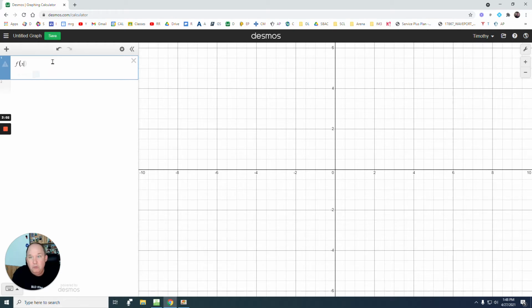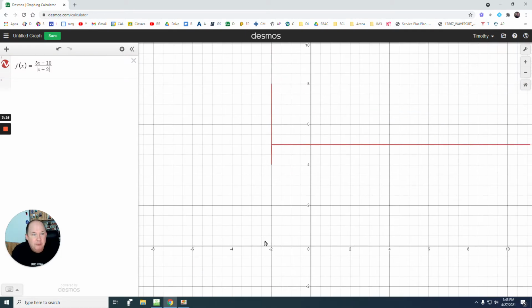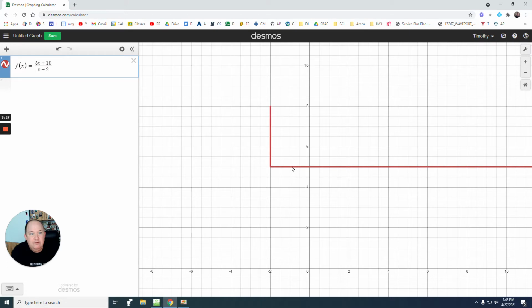We're looking at this function right at -2. That's 5x plus 10 in the numerator, and in the denominator we have x plus 2. Looking off the graph, coming from the right side, as you get there, the answer is +5.